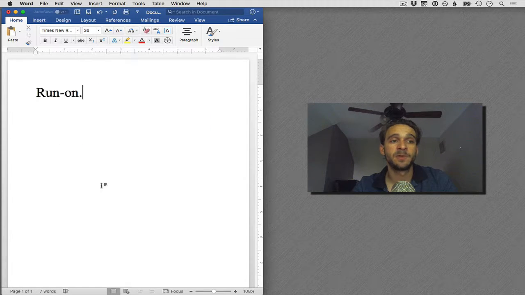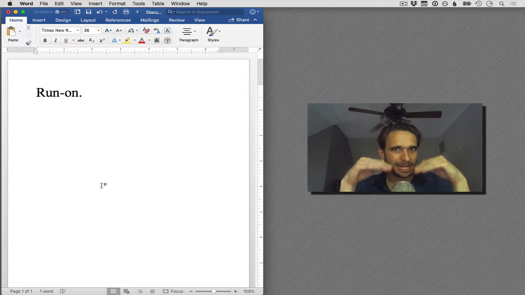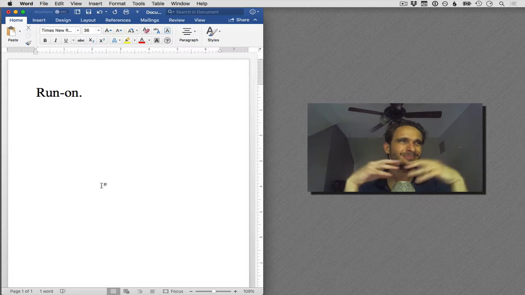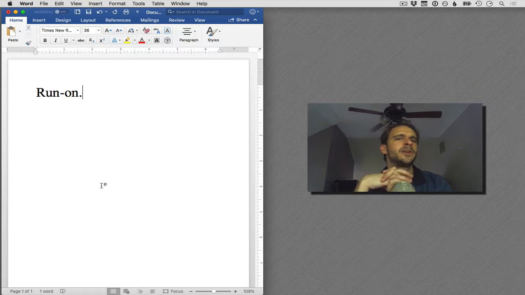On the other end of the spectrum, you've got run-on sentences, sentences that go on for too long. One rule of thumb that I like to tell my students is if you have a sentence that goes on for more than 2 lines typed, you should probably take a look at that sentence and see if you can trim it down.